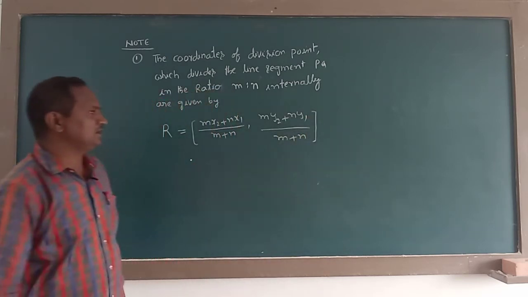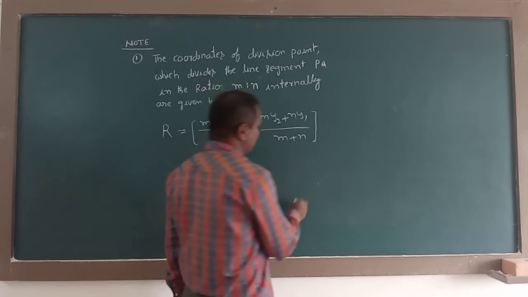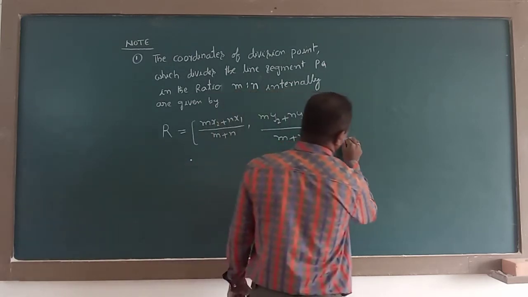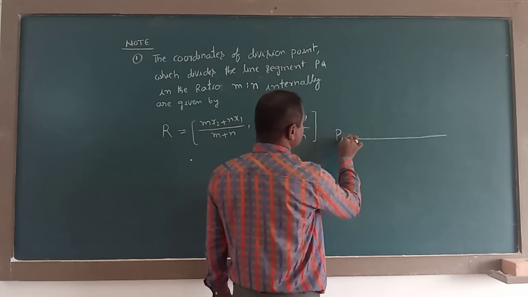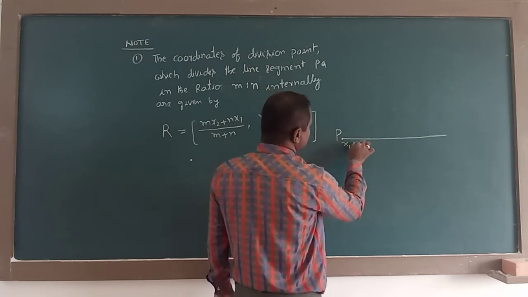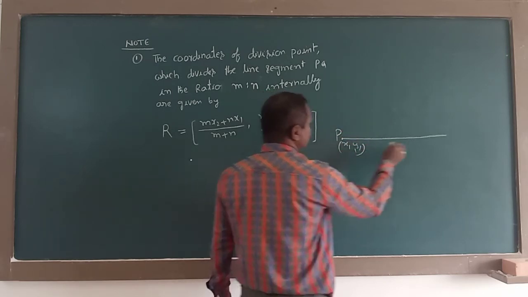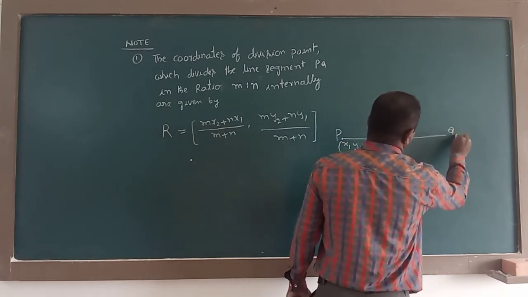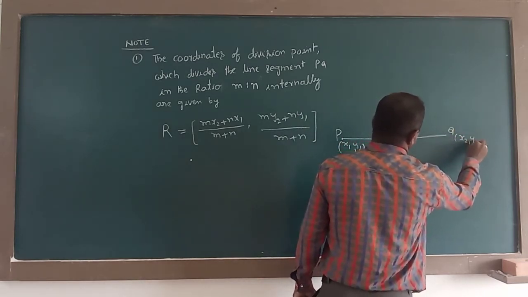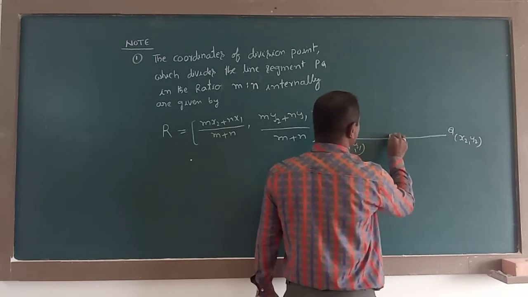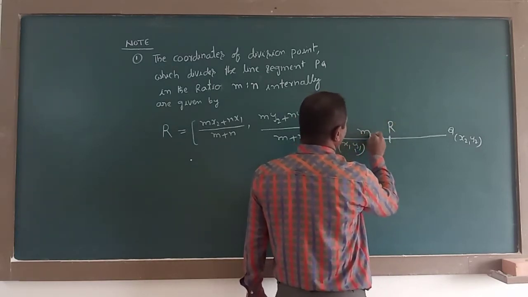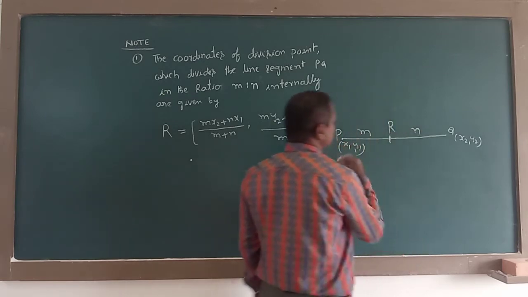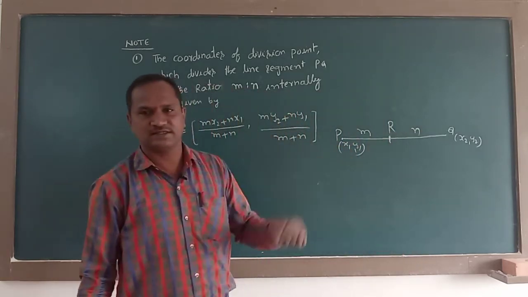Diagrammatically I am showing this. In this case, one line segment is there, joining the two points P, which is x1 comma y1, and Q, which is x2 comma y2. The division point R will come here in the ratio m is to n. This side is m parts, and that side is n parts.